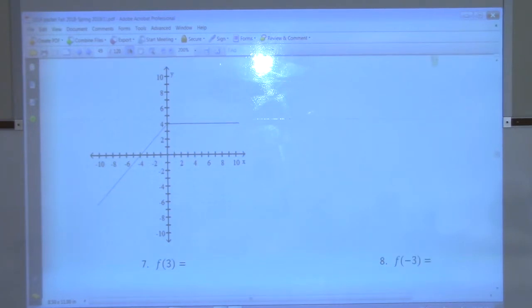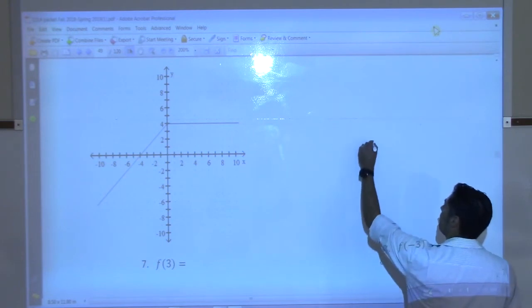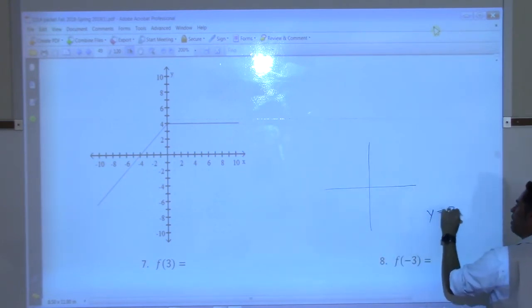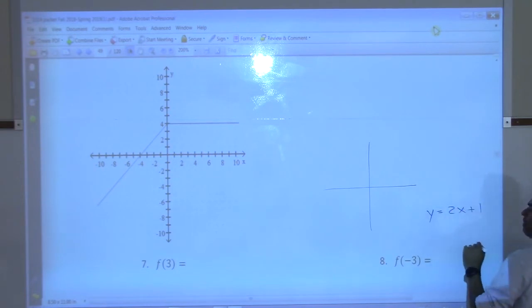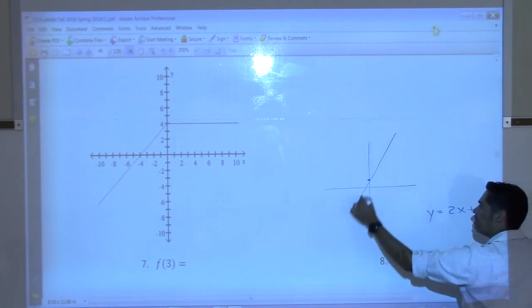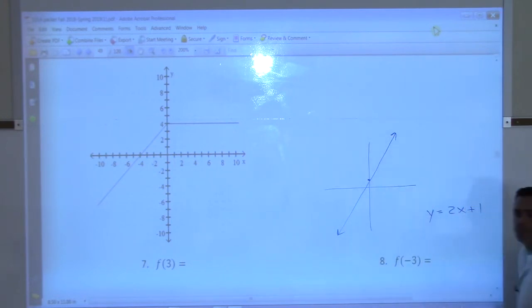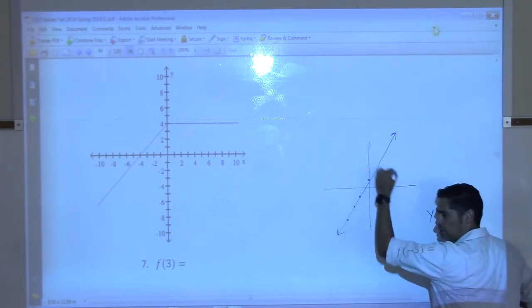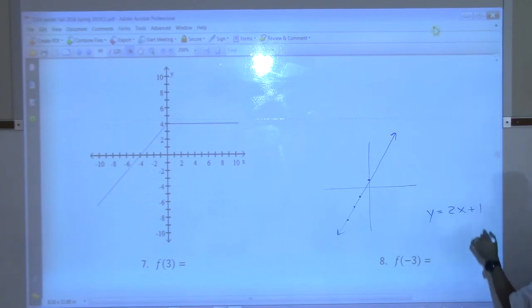So remember with a line, the whole idea behind a line was that if we have an equation like y equals, let's say, 2x plus 1, and we graph this, it would look like this, okay? That would be this line. And remember that the line meant all the points that were solutions to this equation, right? So we could have looked at plugging in values of x.